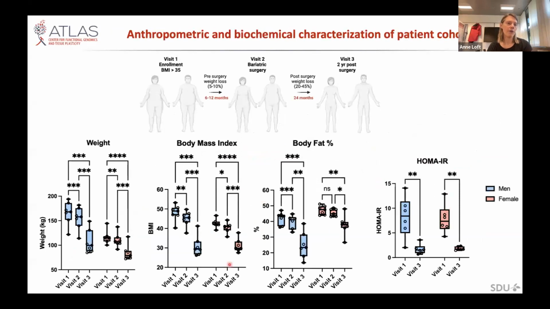If we look at how the people lose the weight, it becomes clear that already in response to this moderate or shorter-term period, they lose a significant amount of weight, but of course much more in response to the bariatric surgery. And we also see an improvement of different parameters, for example, linked to insulin sensitivity.